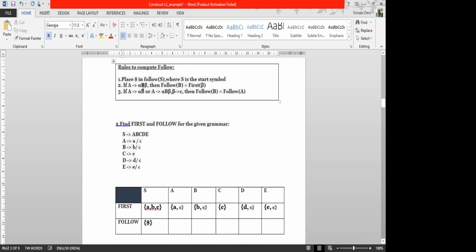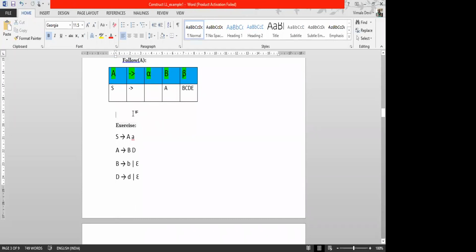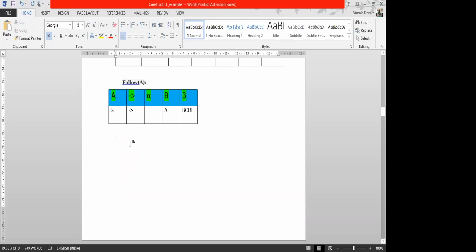We have matched our rule against this format. We are trying to compute the follow set of B. If there is some symbol following that B, so what does the rule say? Follow of B is equal to first of beta. That is what the rule says. I'll just copy this. So the rule says follow of B is equal to first of beta.